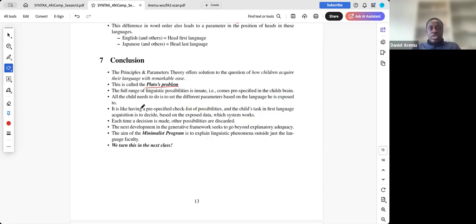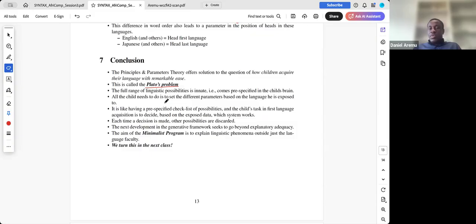And we saw that the full range of linguistic possibilities is actually innate. It comes pre-specified in the child's brain, and all the child needs to do is just to set different parameters. So if I am a Yoruba speaker, then I know that it's just SVO like English. If another child is born into a Japanese community, right, he has everything he needs.